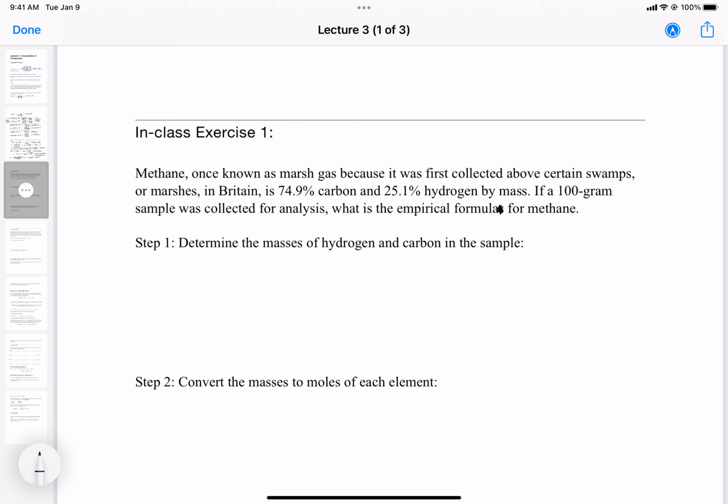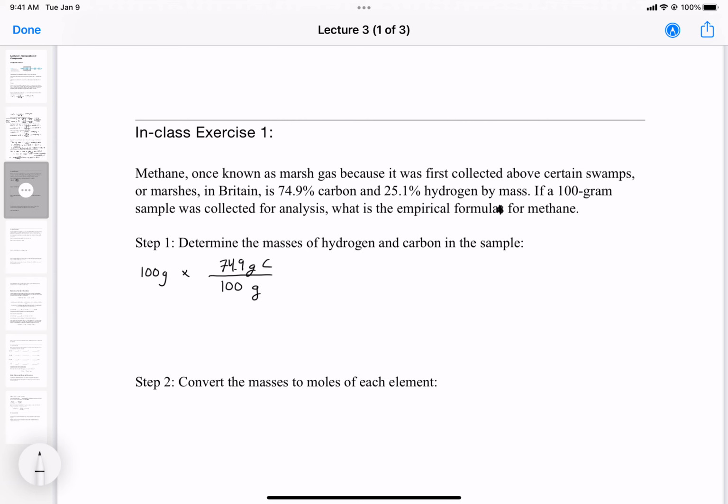So first, we determine the mass of hydrogen and carbon in the sample. If it's a 100-gram sample, times, we're going to represent the percent as a fraction. So 74.9% is 74.9 grams of carbon per 100-gram sample.